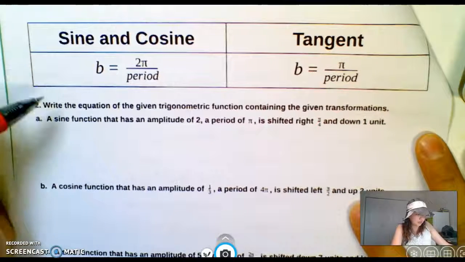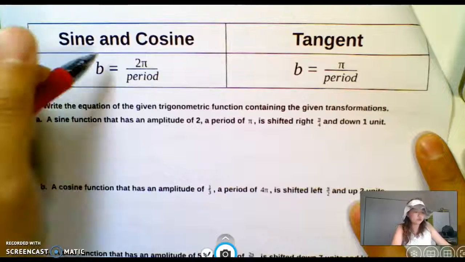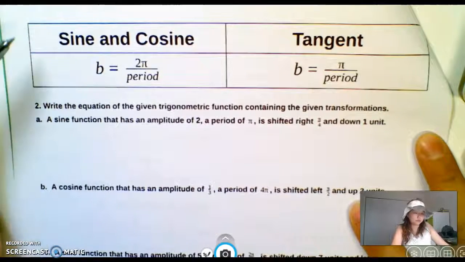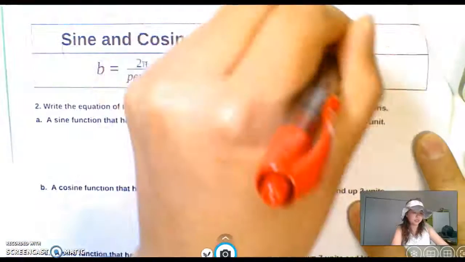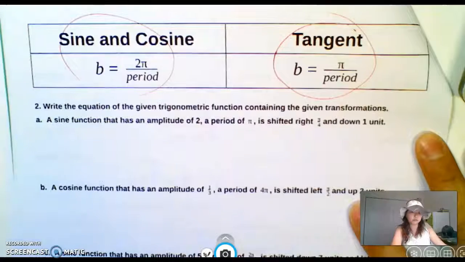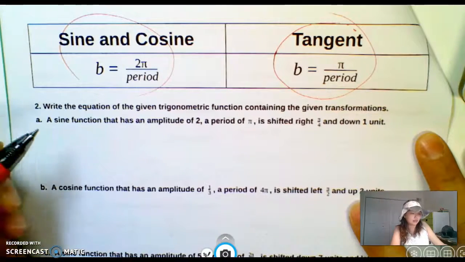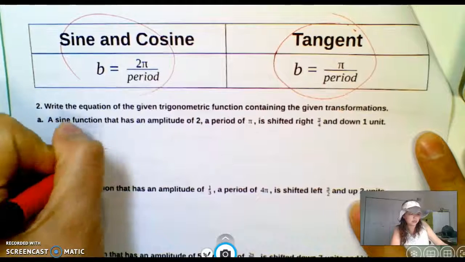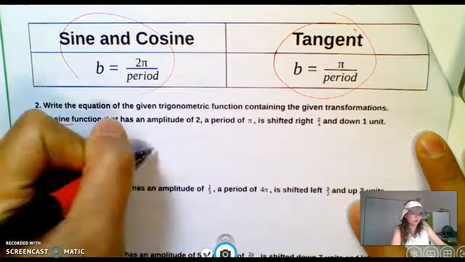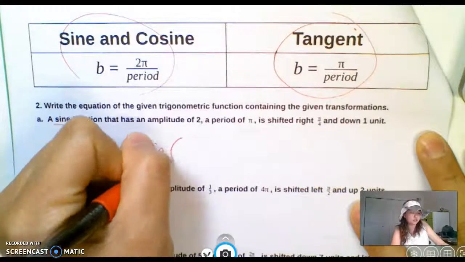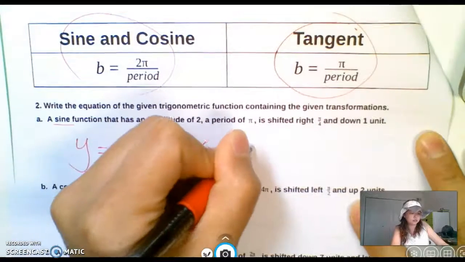So let's see. To figure out the b, a is the amplitude, b for sine and cosine is 2 pi over period, and for tangent, b is pi over period, so don't forget that. I like this as a parent function. It says a sine, so it's going to be y equals, you know what guys? Just do this.